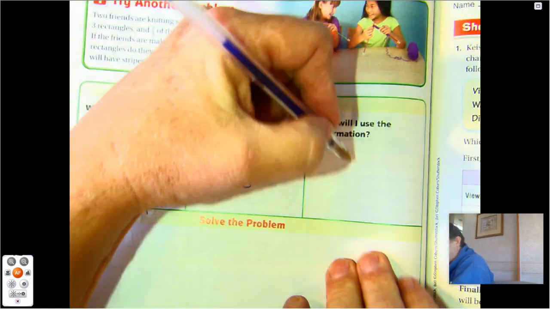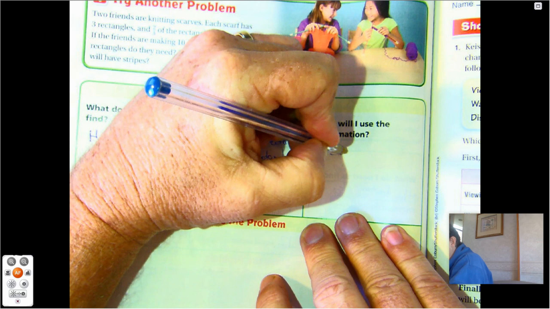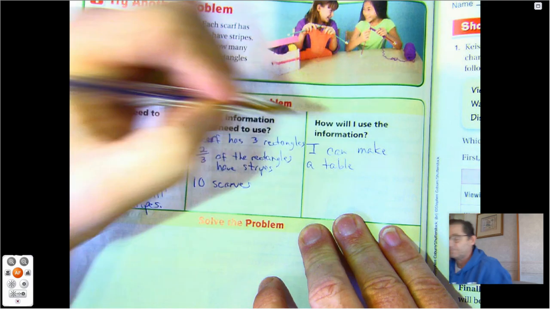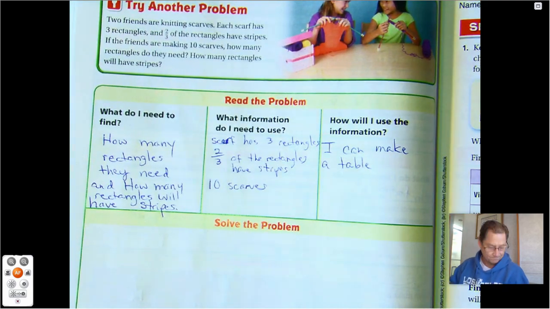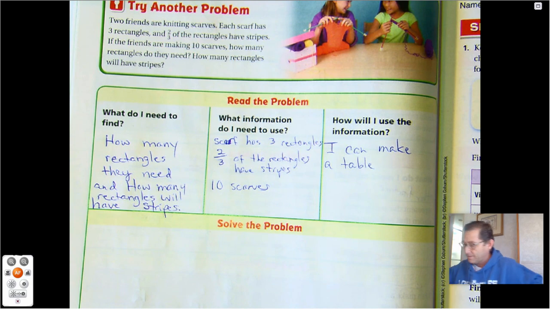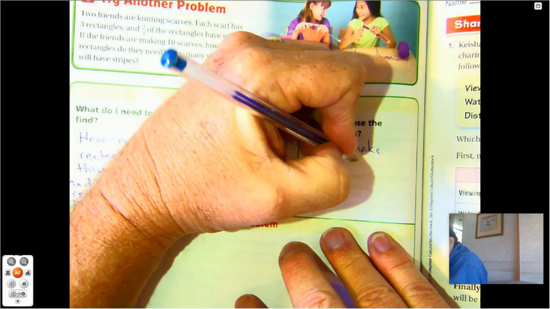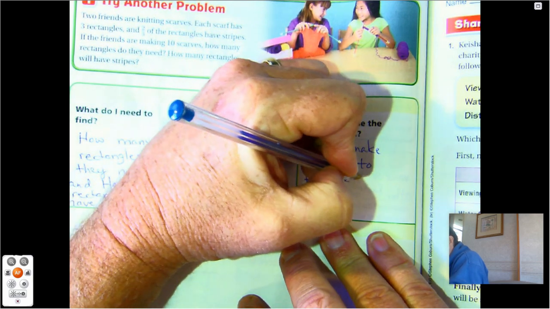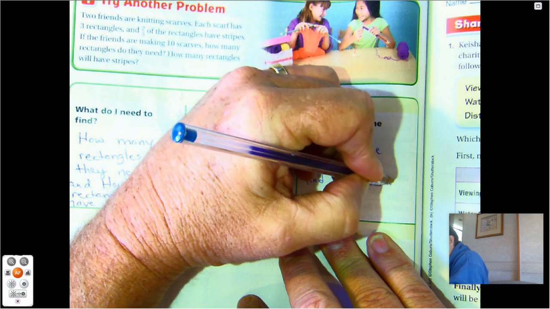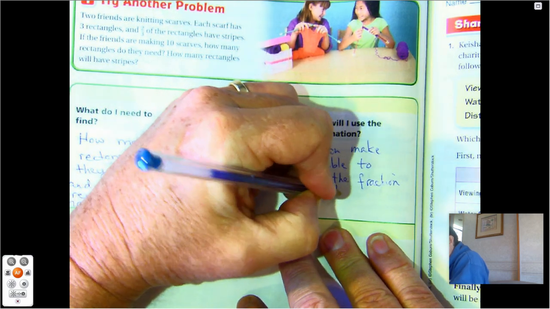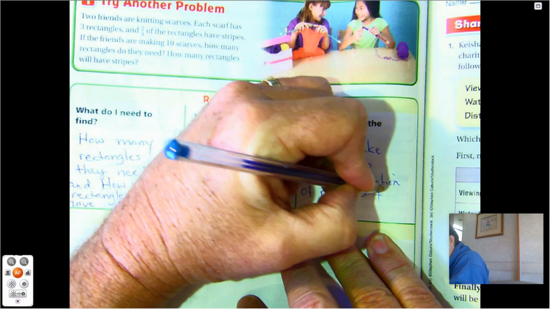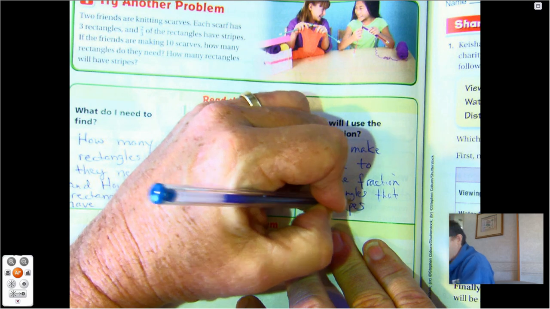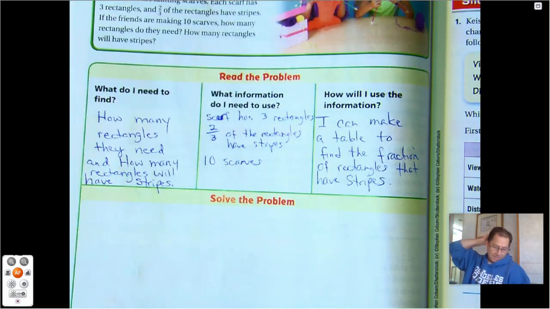I can make a table to solve the problem. All right. To find the number of rectangles that have stripes.